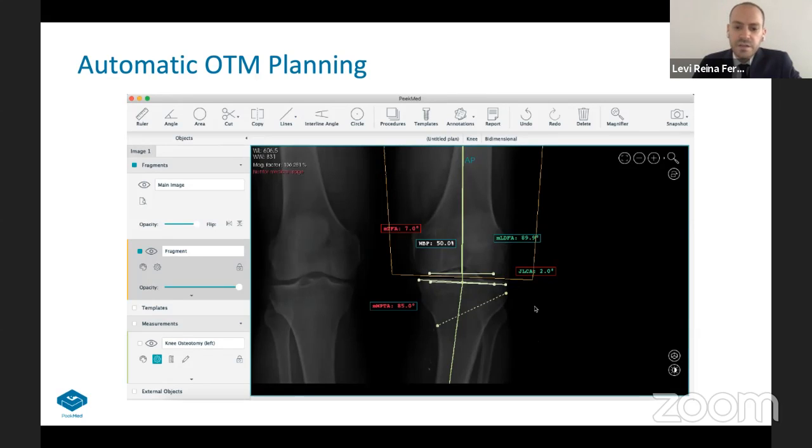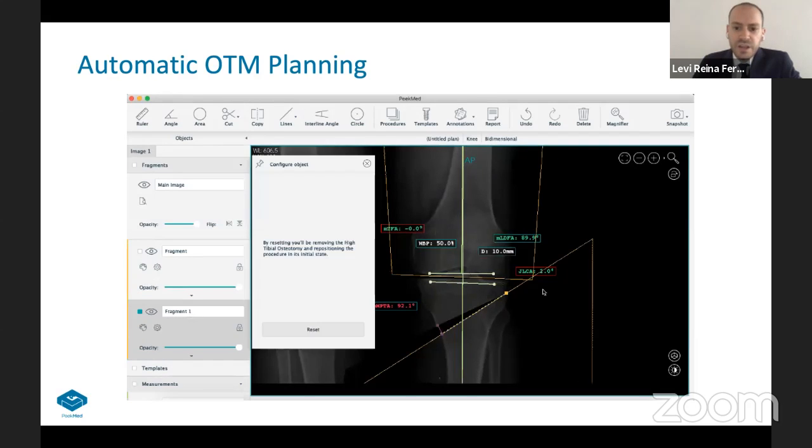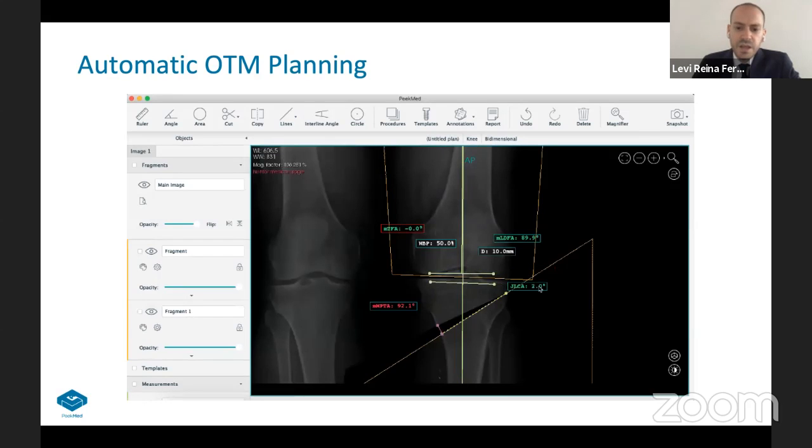And then it does the open wedge HTO. And now it gives you the millimeters that you need to open. And as you can see, the tibia is at 92 degrees. So this is at the upper limit of the acceptable, 92 or 93 degrees. It's almost the limit that you can go to when you're doing these osteotomies.